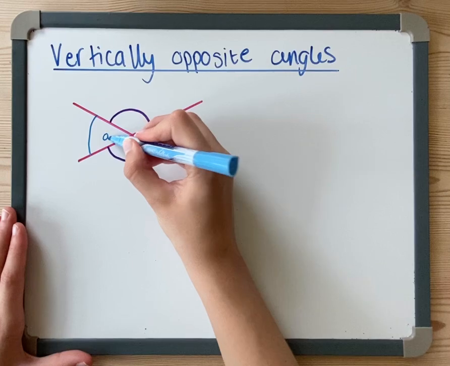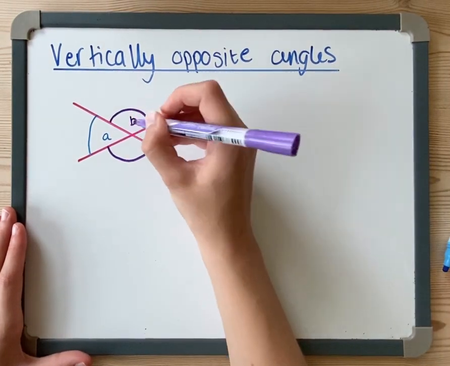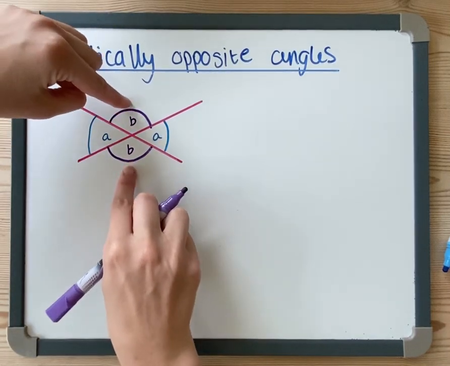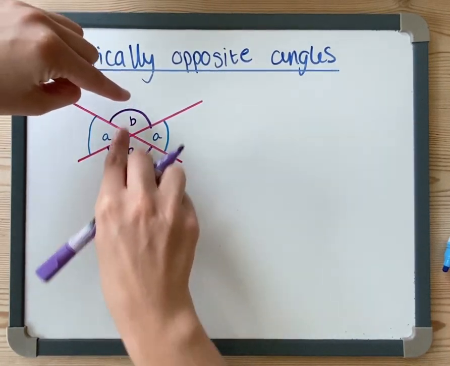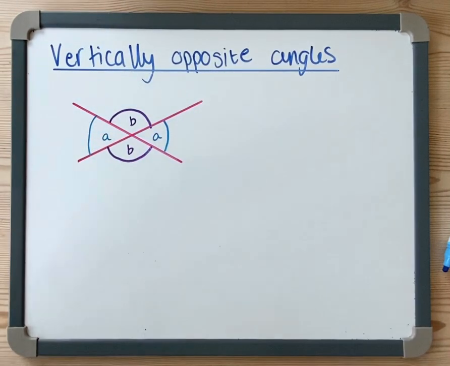So if that one, for example, is A, that one will be A. If this one is B, that one will be B, because they are vertically opposite each other. So vertically opposite angles, the ones that are opposite each other within those lines, are equal, and those two are equal as well. So that is our really key rule.